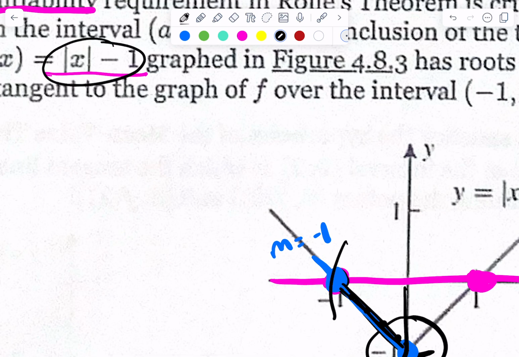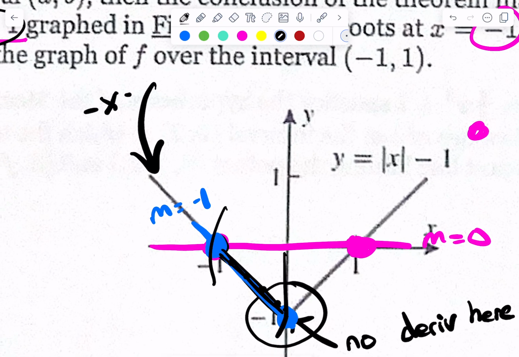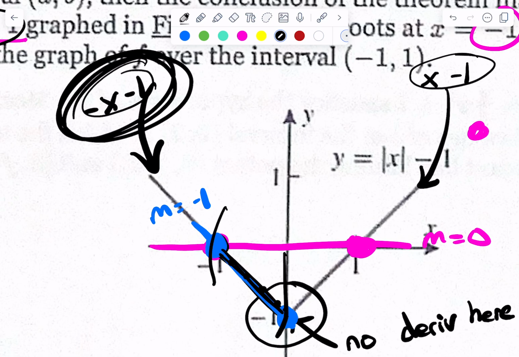And what will happen is, the original function is the absolute value of x minus 1. This is an interesting way of looking at absolute value. This side of the graph is -x minus 1. This side of the graph is positive x minus 1. Those are two linear functions, one looking at the left half of the V, one looking at the right half of the V. If I take the derivative of the left half of the V, what do you get? -1, which means his derivative is -1 everywhere.